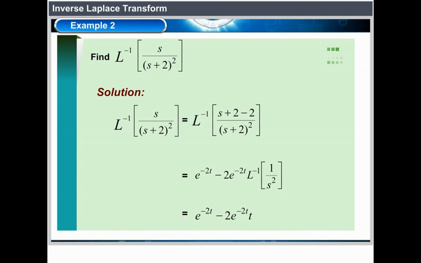In this problem, we just added plus 2 and minus 2 in the numerator. After that, it's a normal simplification and then we are applying the formulas.